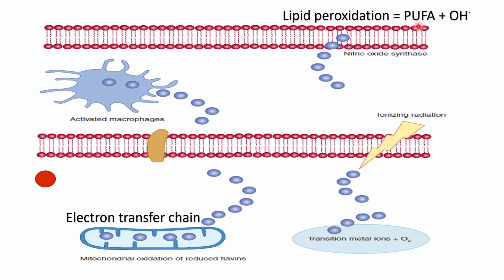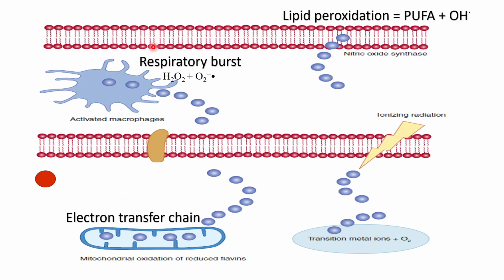Next is the electron transport chain in the mitochondria itself. The mitochondria is known as the powerhouse of the cell because it produces ATP, the energy required by our body. But this electron transport chain is again a potential source for generation of reactive oxygen species. It becomes a site for production of free radicals.